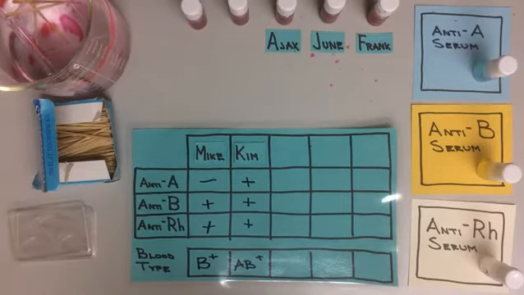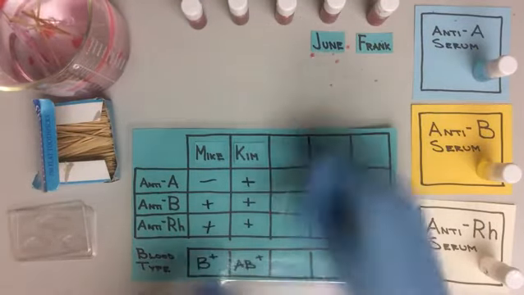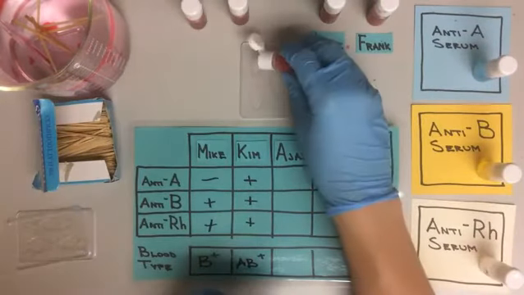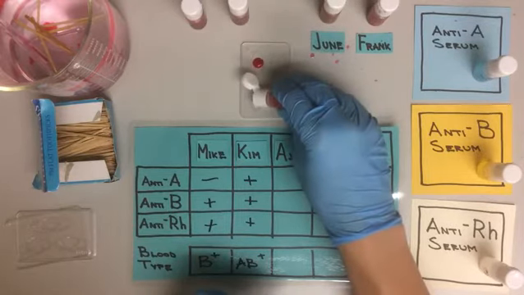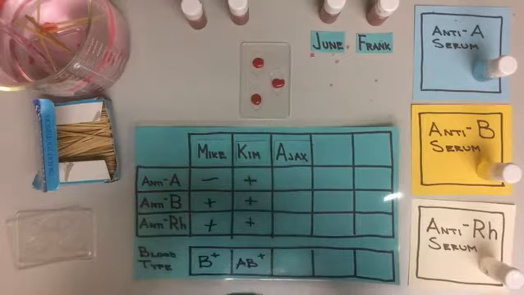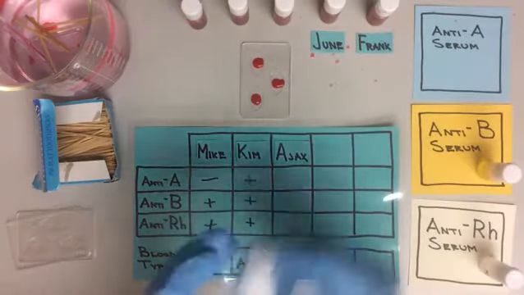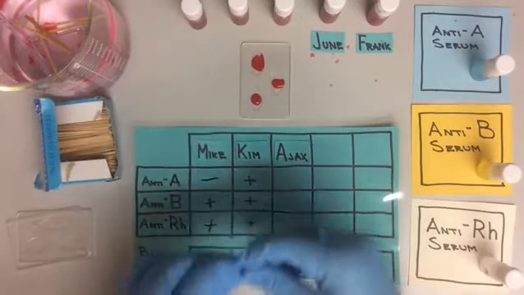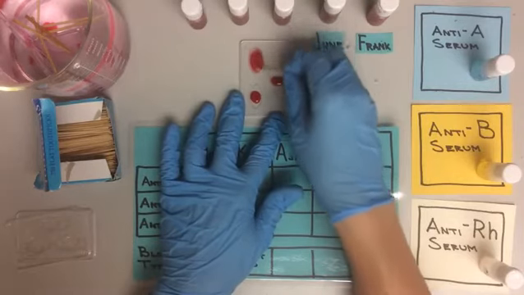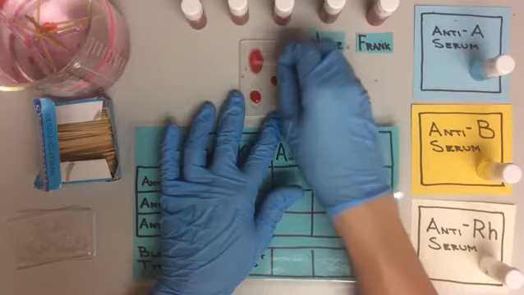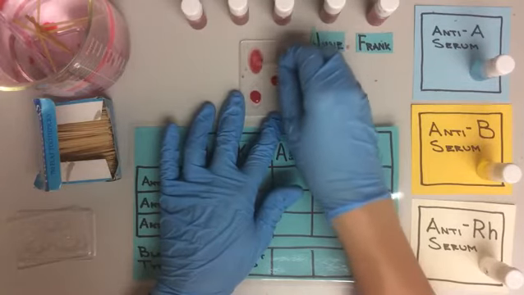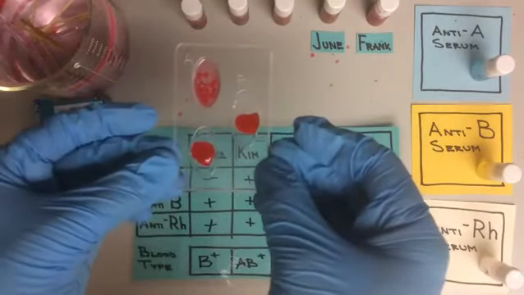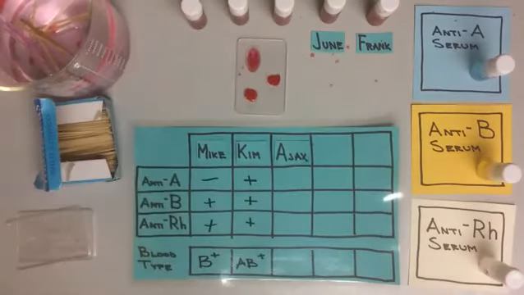Let's have a look at Ajax. For anti-A, we are definitely seeing agglutination. So Ajax is positive for anti-A.